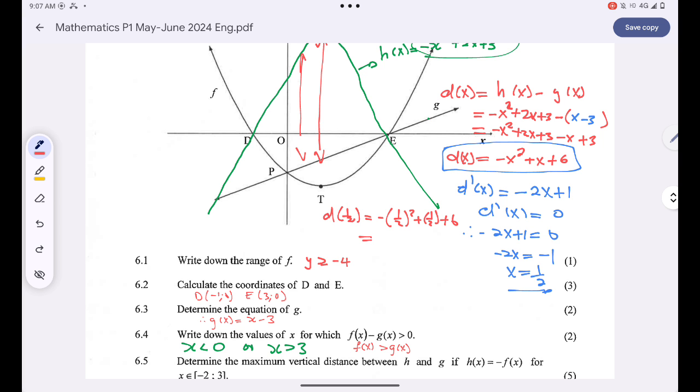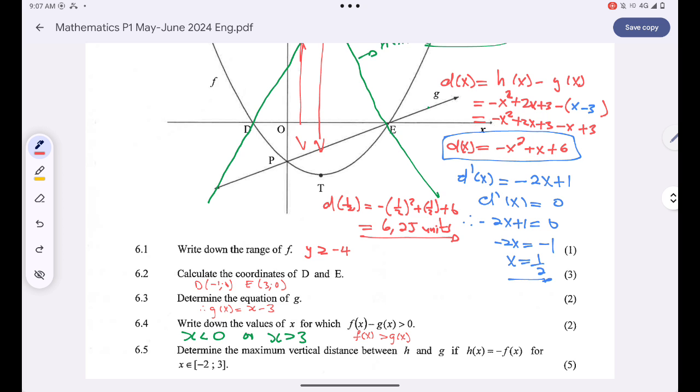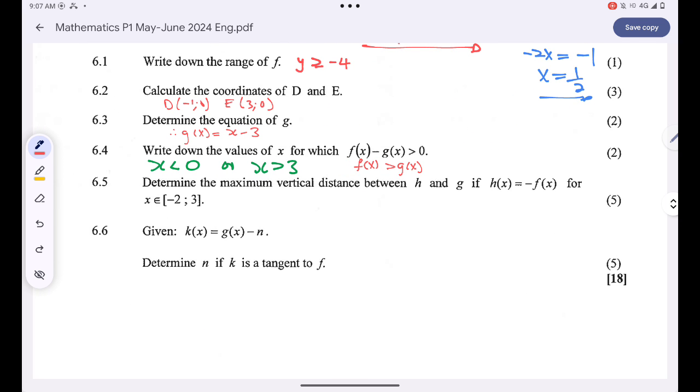So let's see what that gives us. Negative 1 over 2 squared plus 1 over 2 plus 6 gives 25 over 4, which is basically 6.25 units. So the maximum vertical distance is 25 over 4, which is also 6.25 units.